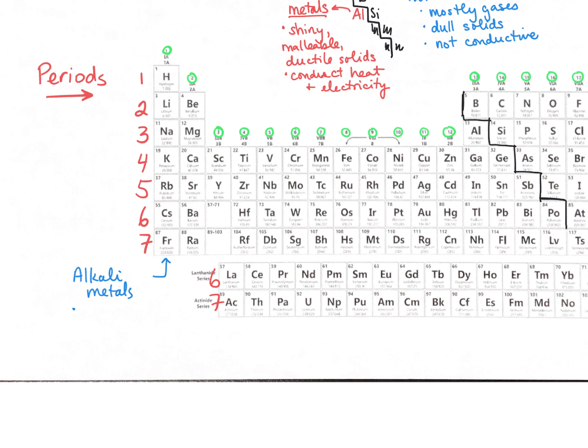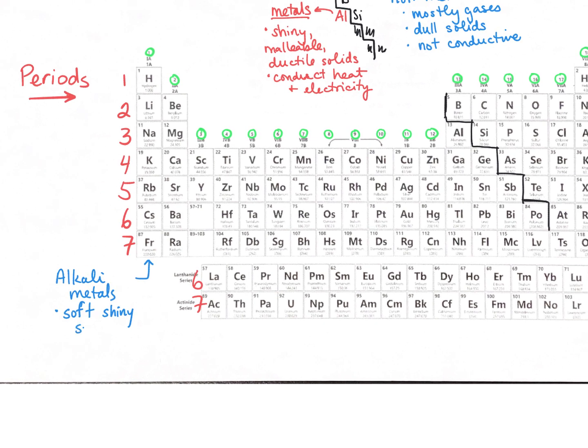These alkali metals are soft, shiny solids, and they are incredibly reactive. They are the most reactive metals. So group 1 contains the family of the alkali metals.